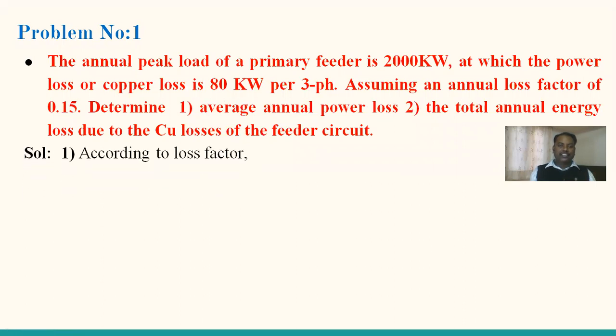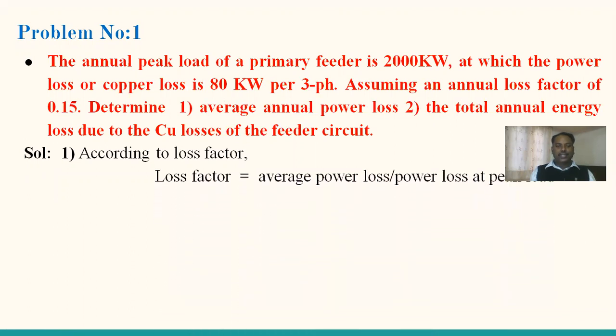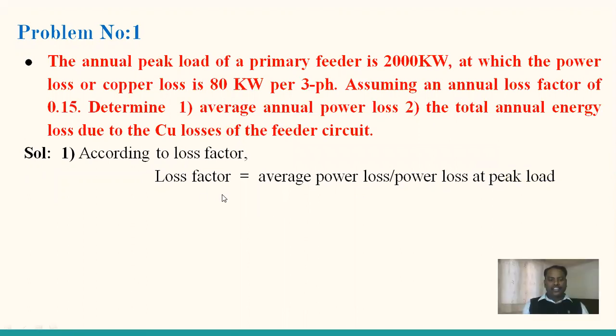We already defined all the formulas and factors in theoretical classes. The loss factor is defined as the ratio of average power loss to power loss at peak load. But in problem number 1, we require the annual average power loss.